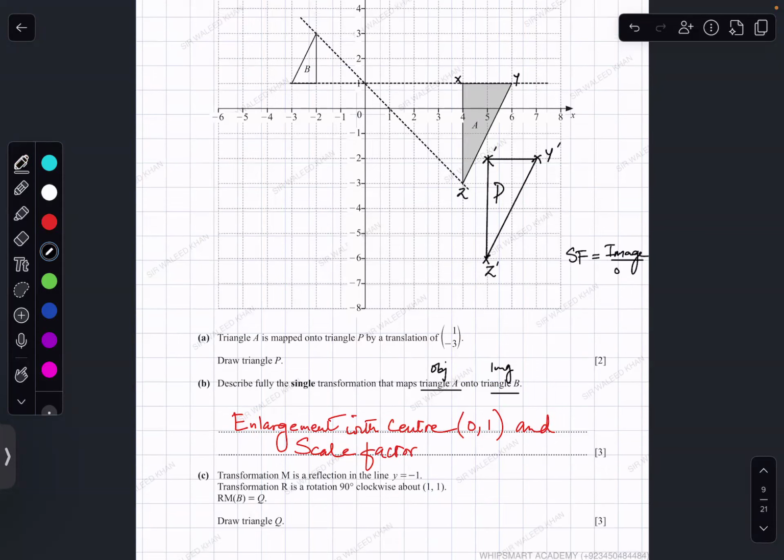For example, I am selecting this over here. Sorry, image is this. See, you can always get confused with this. This is the image length, that is one. And I'll have to select the base then, right? I can't select its height, corresponding sides are needed. So this will be 2. So scale factor is 1/2.